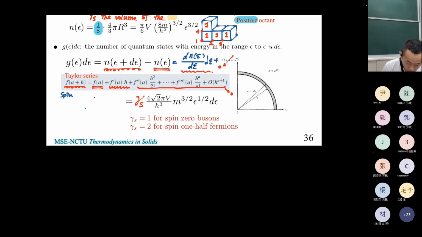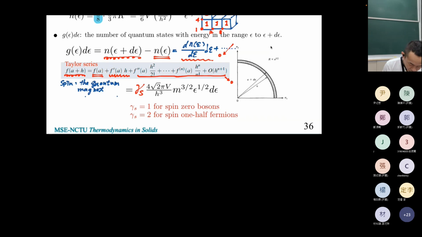For example, if the material has spin, which is the quantum magnet. Okay. So for example, if there's a particle, it's a boson or fermion, they can have the spin.